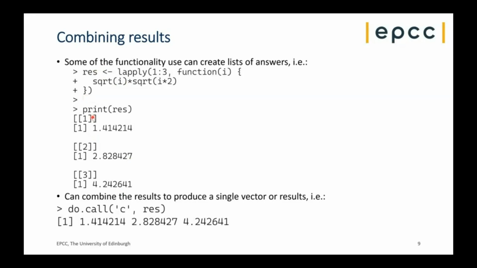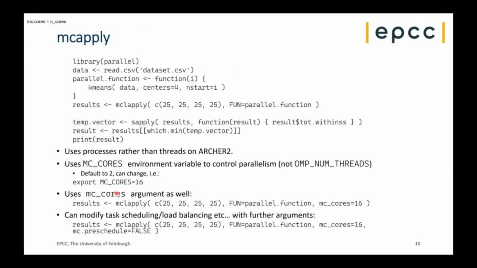So all I've done is taken my result and done this call of this c function to take the columns out, and I've collected together the data instead of it being nested inside these multiple lists. We've got a single vector or array of data there. So that's something you've got to keep an eye on as well.